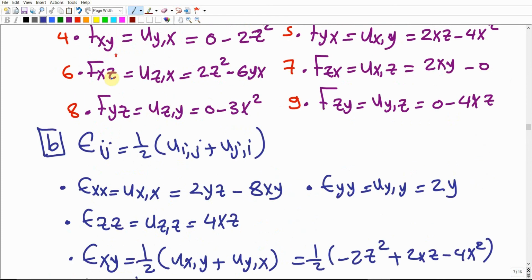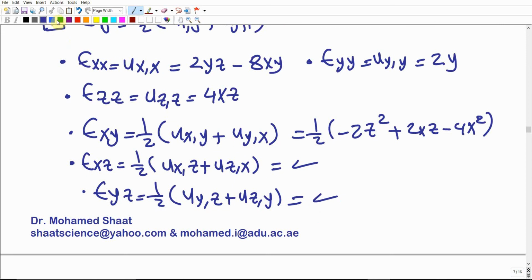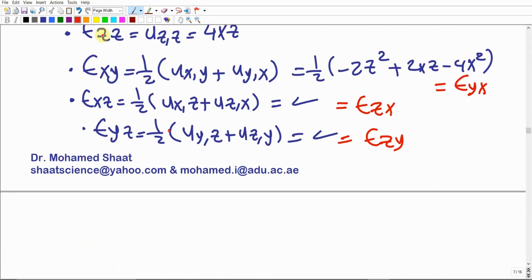You can directly sum these two terms together times half. This is going to give us this component, and you should understand that epsilon xy equals epsilon yx, epsilon xz equals epsilon zx, and epsilon yz equals epsilon zy. Make sense? So these are the components of the strain.